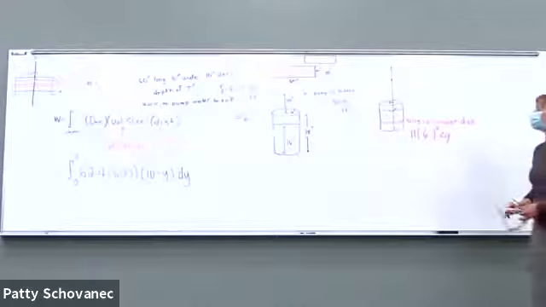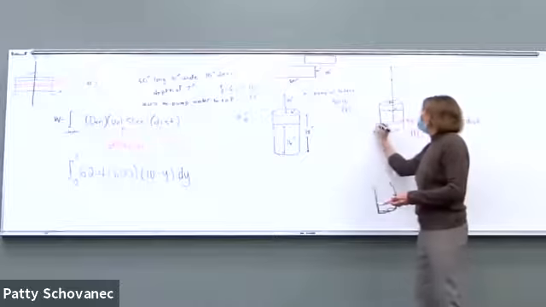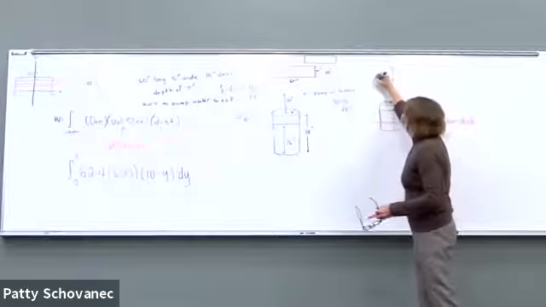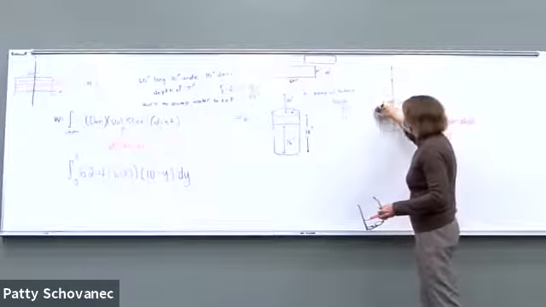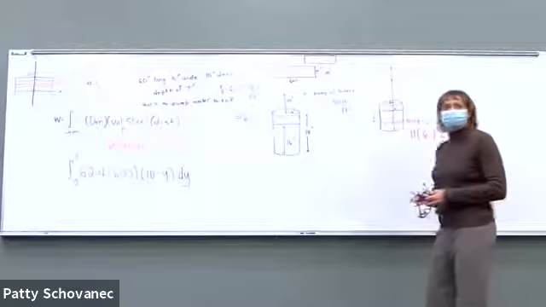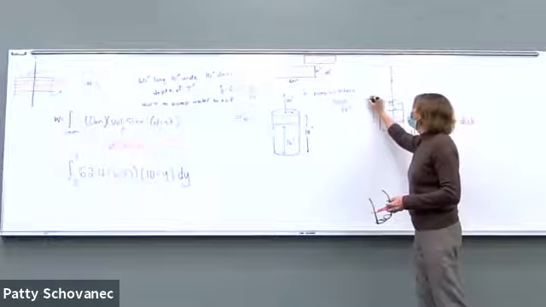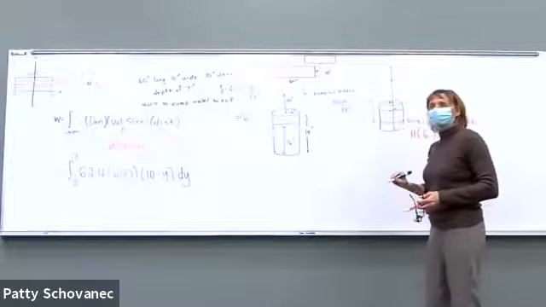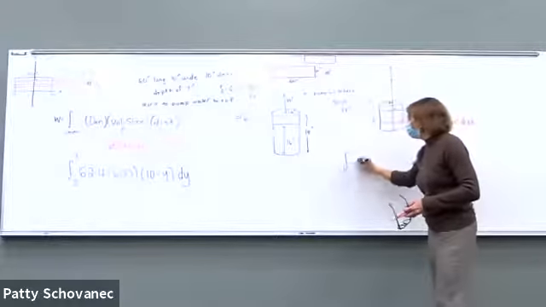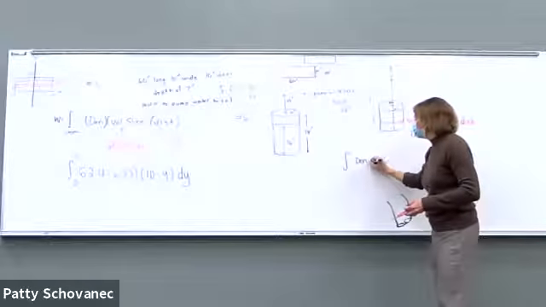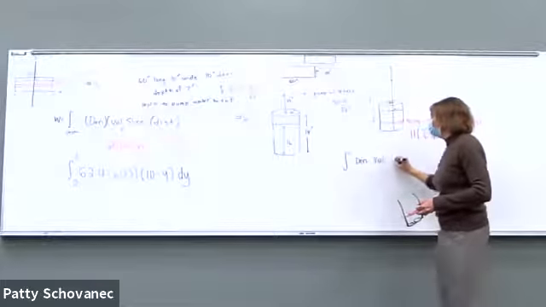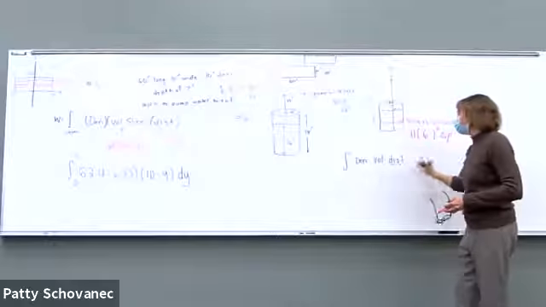The distance, we're going to take it from where it is, some arbitrary y coordinate, and we need to pump it up to the height of 32 on my grid. So do you agree the distance is 32 minus y? So our integral will look like density times the volume times the distance.